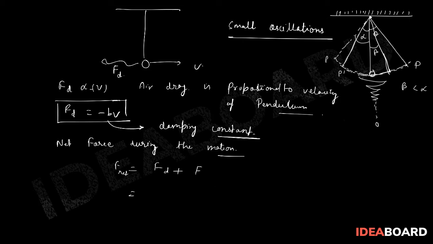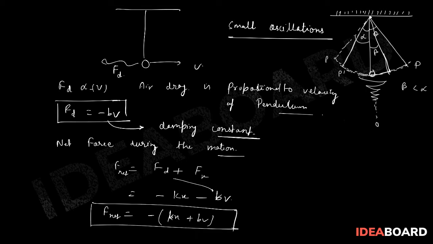Initially, F was minus kx, and now there is also minus B into v, which is Fd. So this time F net is equal to minus kx minus Bv.